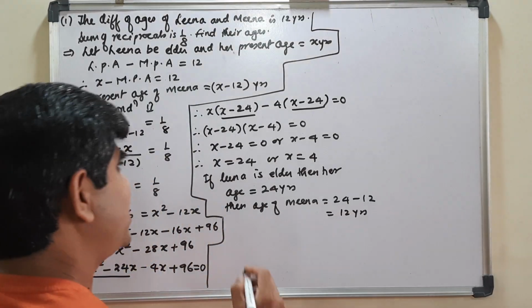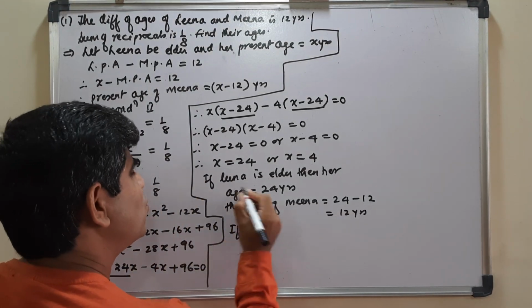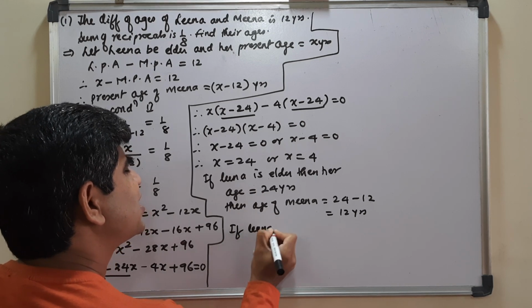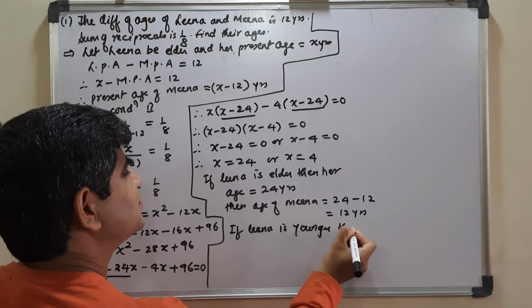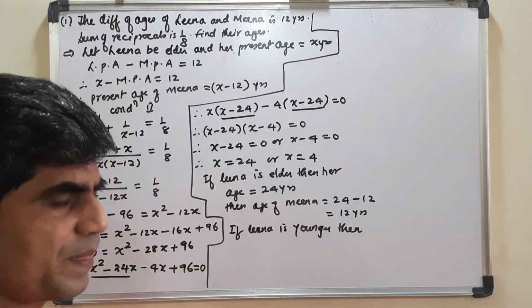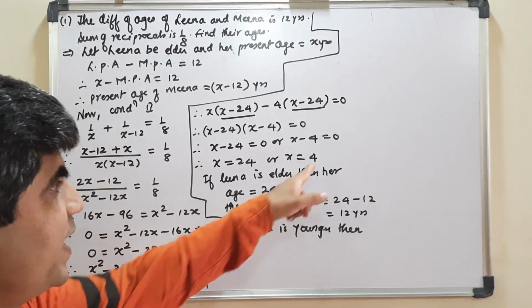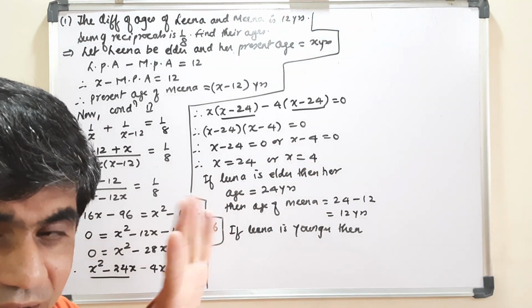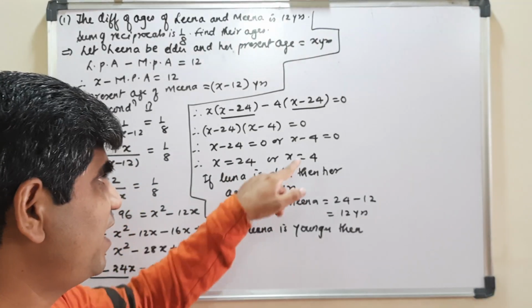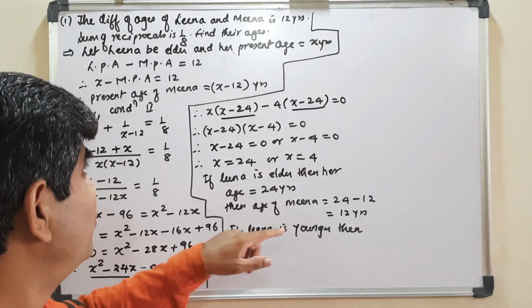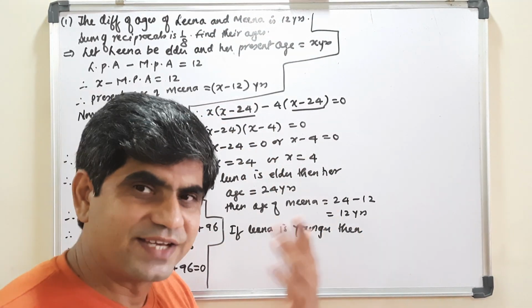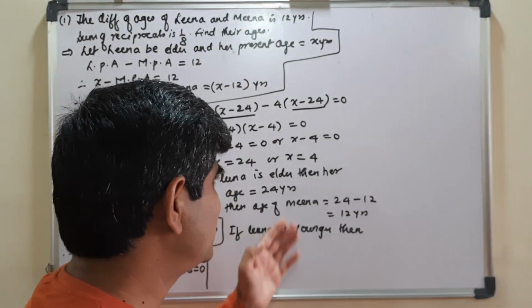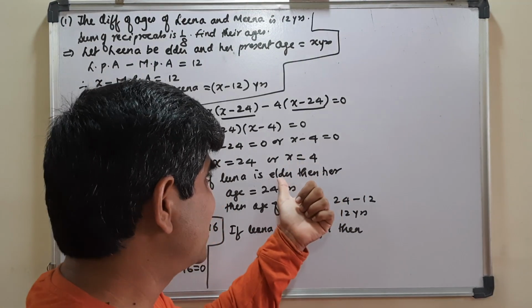Now if Lena is younger, then I did not take the case of x is equal to 4. Why I did not take that, I am telling you. If I take x is equal to 4, then obviously 4 minus 12 will be negative, and age cannot be negative. So that condition is dropped for this particular elder condition.